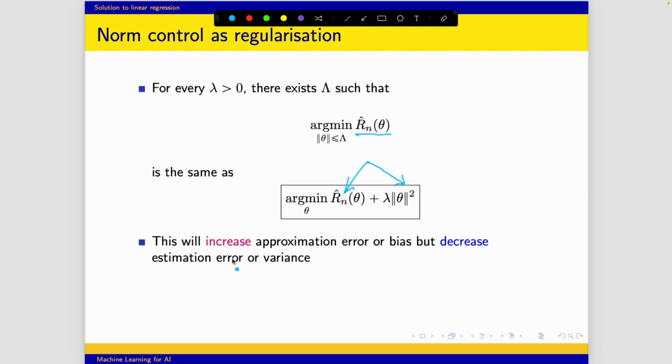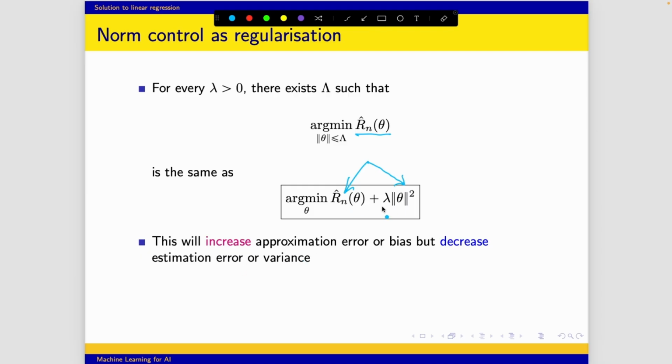Now, if we use simpler functions, what will happen? We are less likely to generate a lot of variation in our results. We'll more or less always get the same kind of result. And so what this does, and as I say, we will look at this rigorously later on, where we will rigorously define all of these terms and rigorously define model complexity, is reduce the second of these, the estimation error, but increase the approximation error.